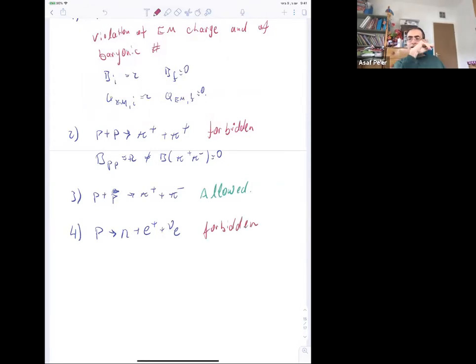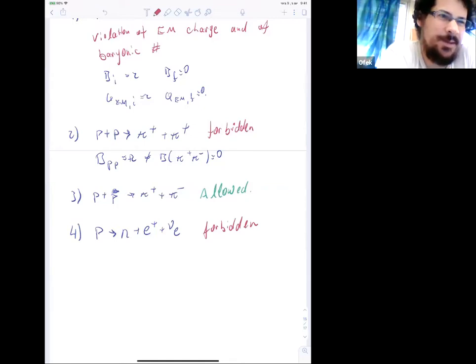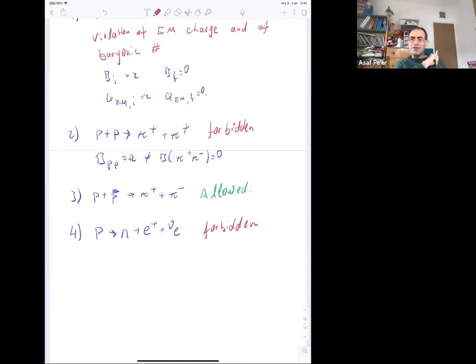Why? We don't see protons decaying in nature into neutrons. Why? Center of mass energy? Yeah, it violates the energy momentum conservation.